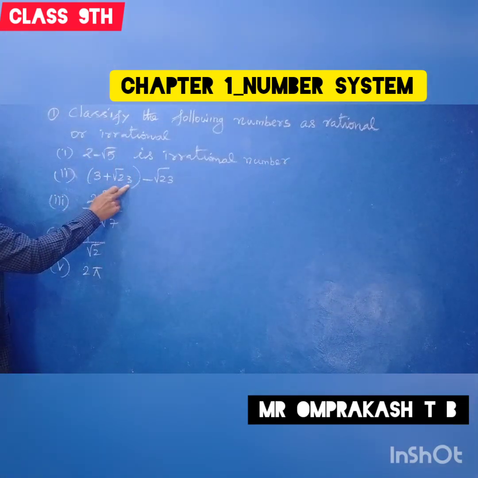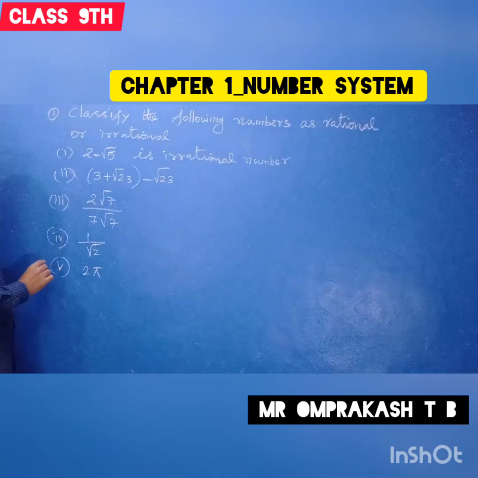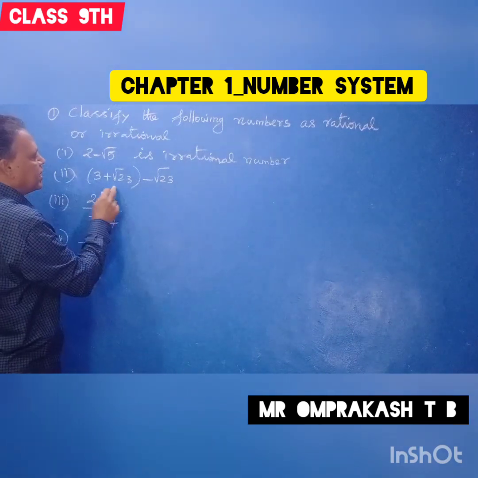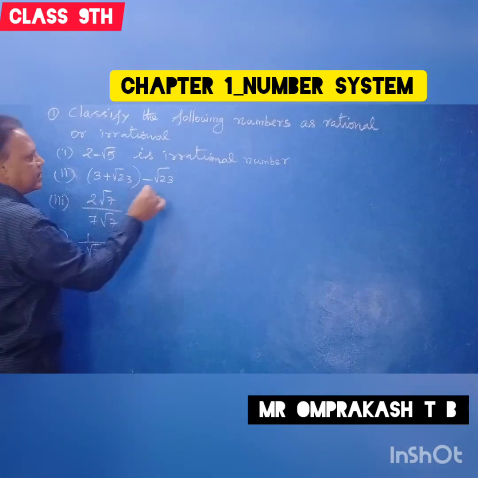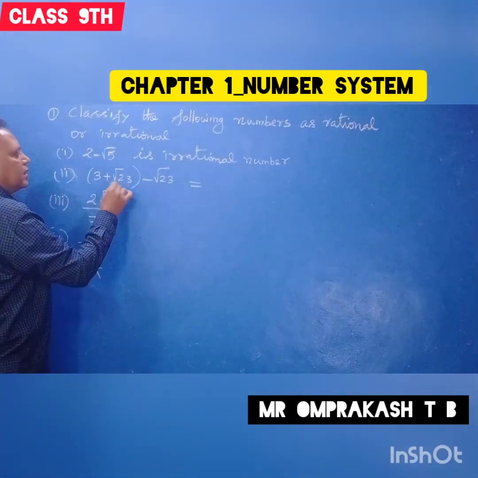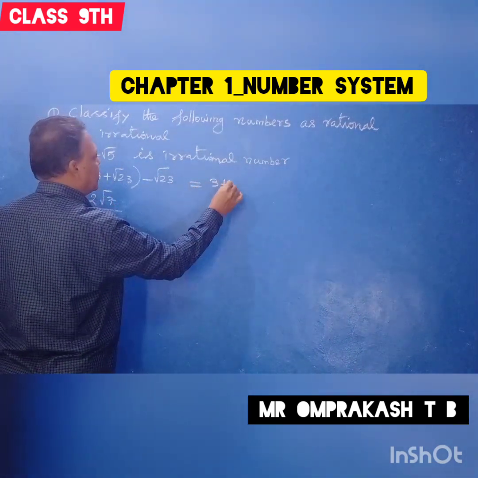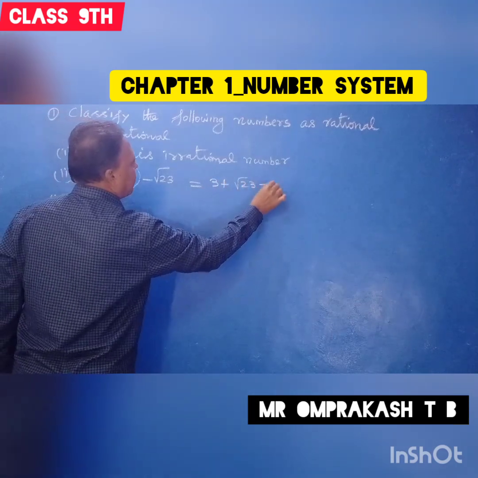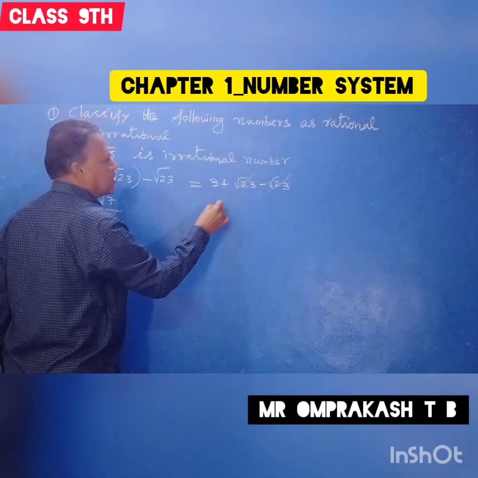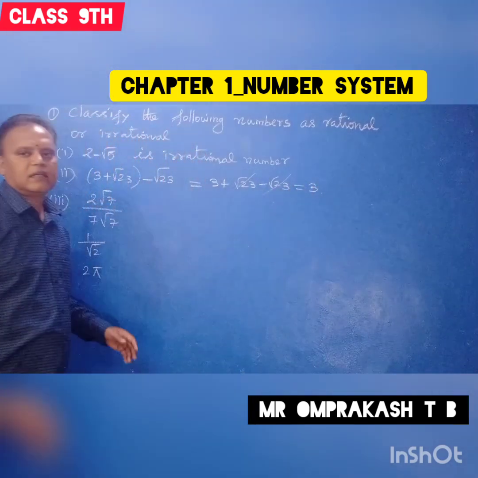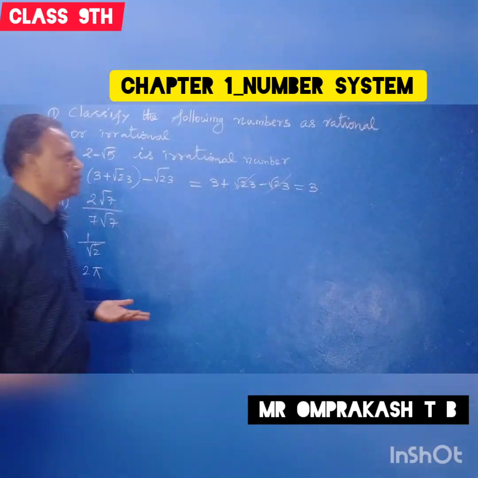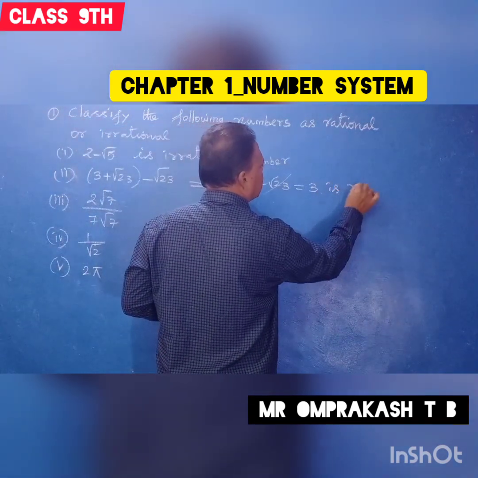Now 3 plus root 23 minus root 23: here plus root 23 and minus root 23 will be cancelled. Clear? This will be cancelled, means what you will get? 3. 3 is a rational number. So it is a rational number.